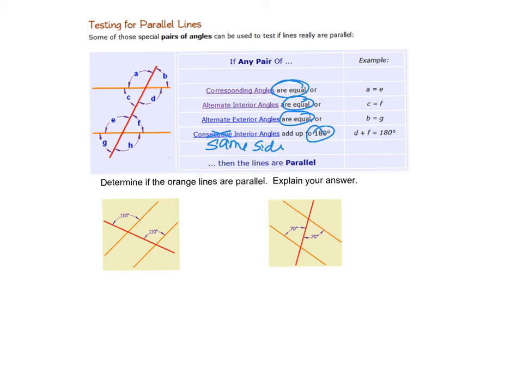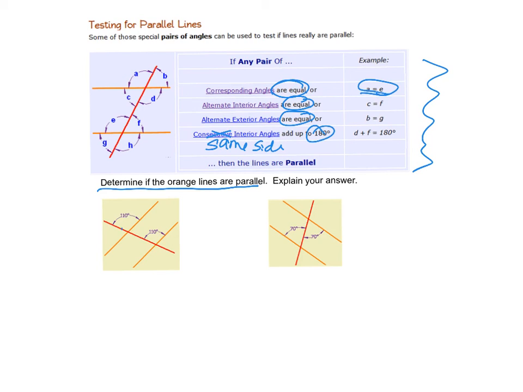Same side exterior angles add up to 180, and then they just said angle A and angle E are corresponding angles, and they are equal. And C and F are alternate interior angles, and they are equal. And B and G are alternate exterior angles, and they are equal. D and F are same side interior angles, and they are equal. So if you're determining if the lines are parallel, see if they match any of these properties.